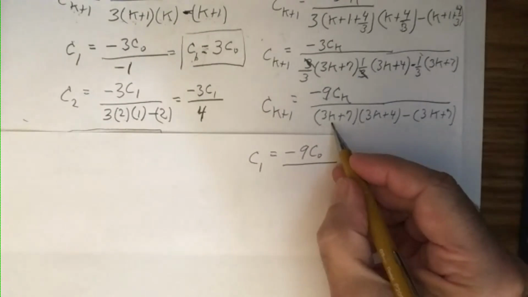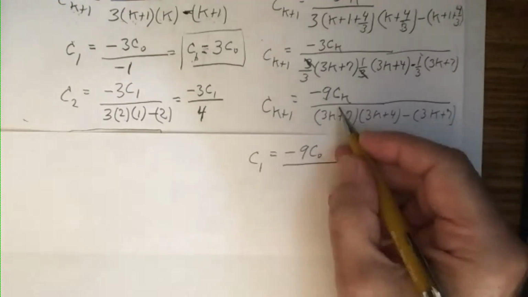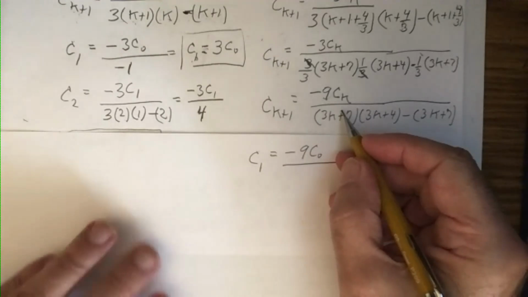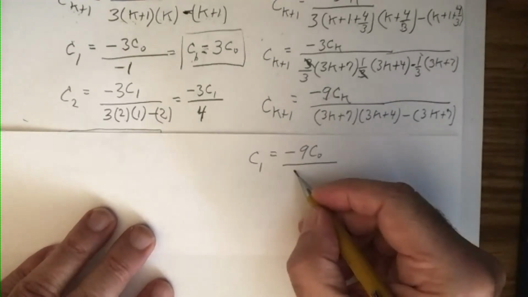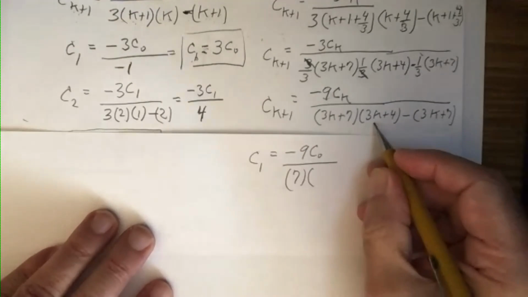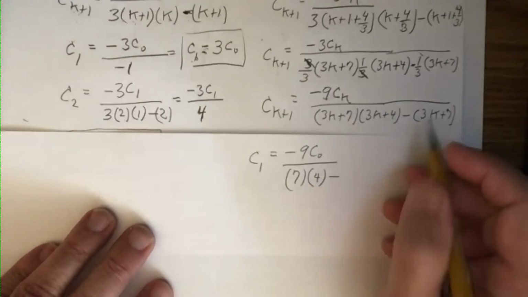Now I'm going to put 1 in here. First I want to put 0 in here. So this is going to give me 7 times 0 times 4 minus 7.